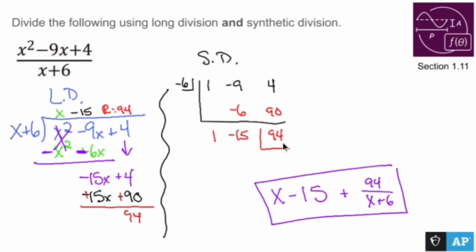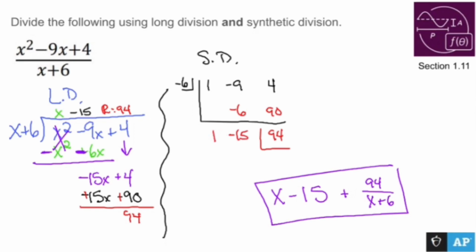And that'll be my answer to this guy. What that looks like here is you put 94 over x plus 6, you leave negative 15 on its own, you attach x to 1. But there you have it, long division, synthetic division, tons and tons and tons of fun.